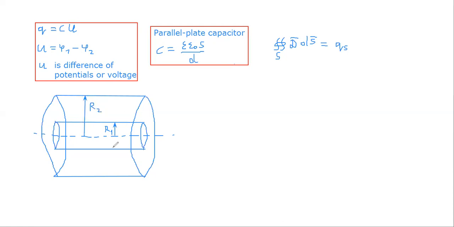The height of the cylinder, or cylindrical capacitor, is equal to h.